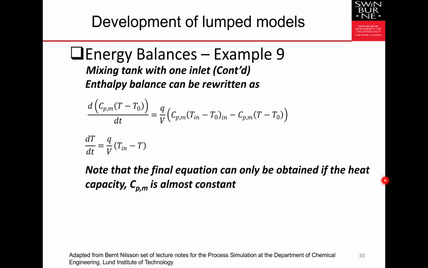Then we can simplify this in terms of the change in the temperature with respect to time. The final equation can only be obtained if the heat capacity is almost constant.